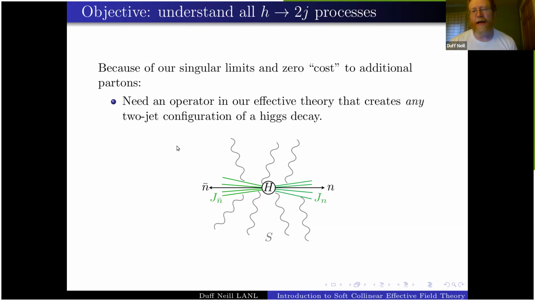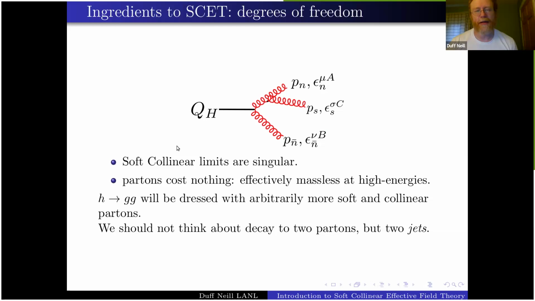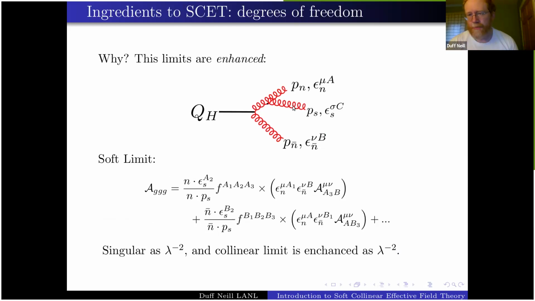But I mean, you can even think about a matching calculation early, in this soft limit. Here, I took my full theory diagram and I expanded it in a soft limit, and this is the answer I got. There should be an exactly analogous calculation that I would perform in my effective theory, and the difference between these two should be 0 up to power corrections.